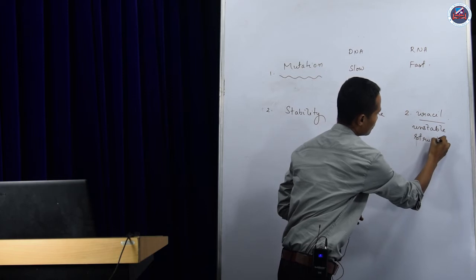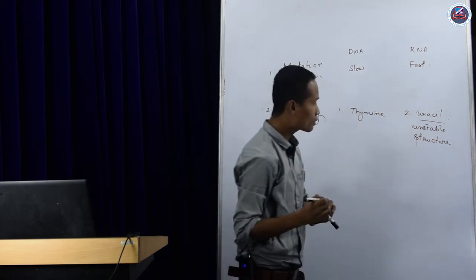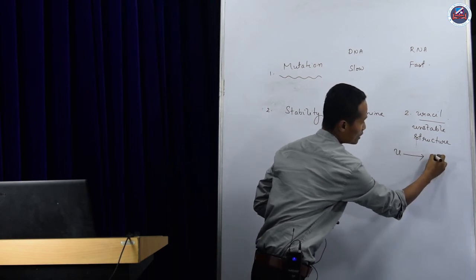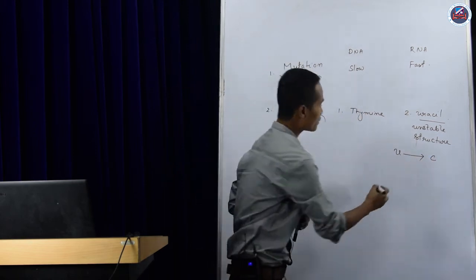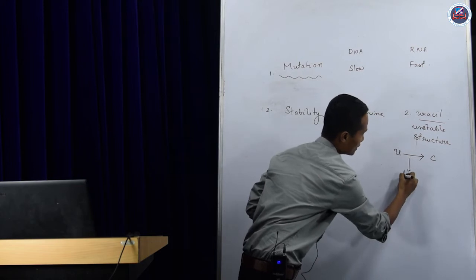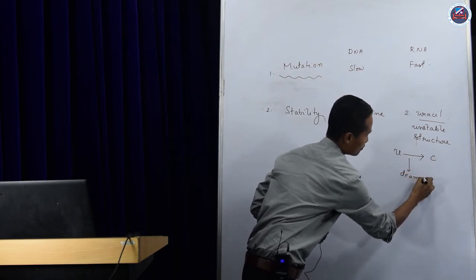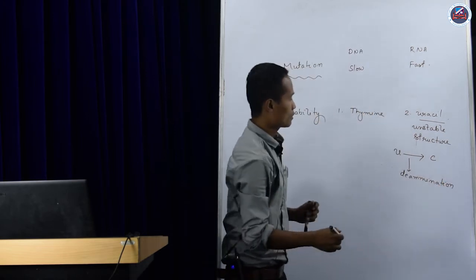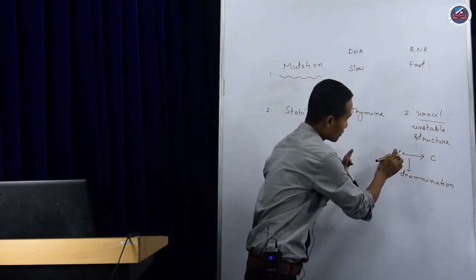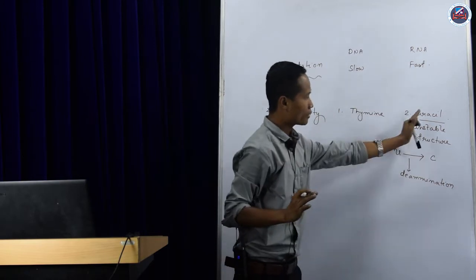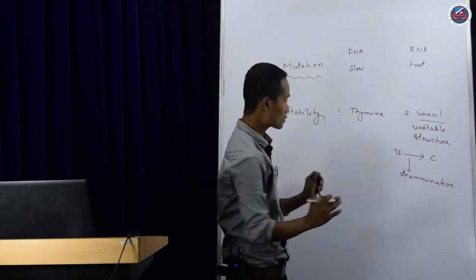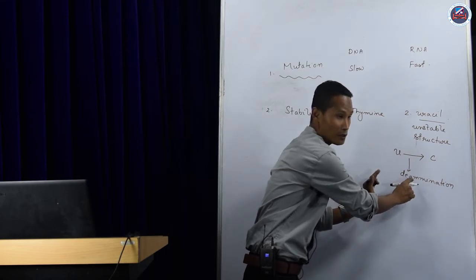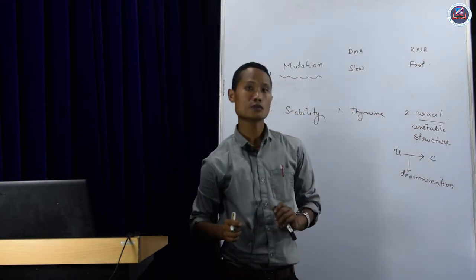Why unstable? Because uracil can convert to cytosine by the process of deamination. I'm repeating again: why is uracil an unstable structure? Because by the process of deamination, it can convert to cytosine.